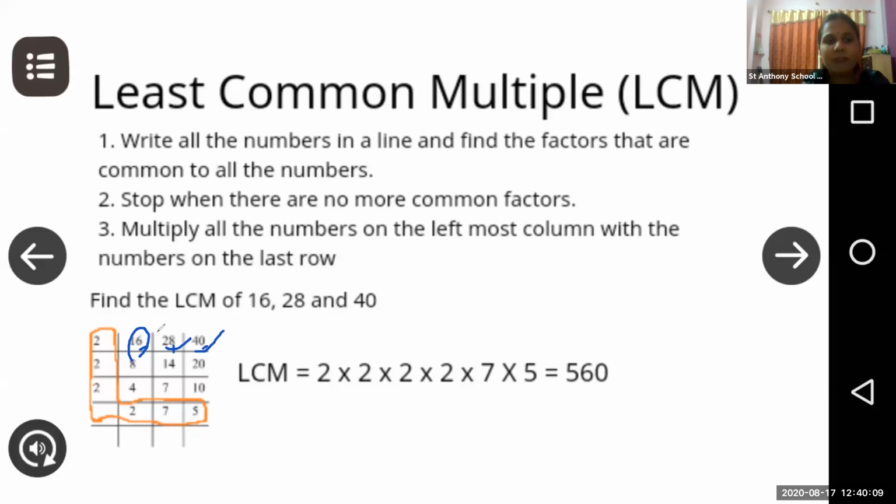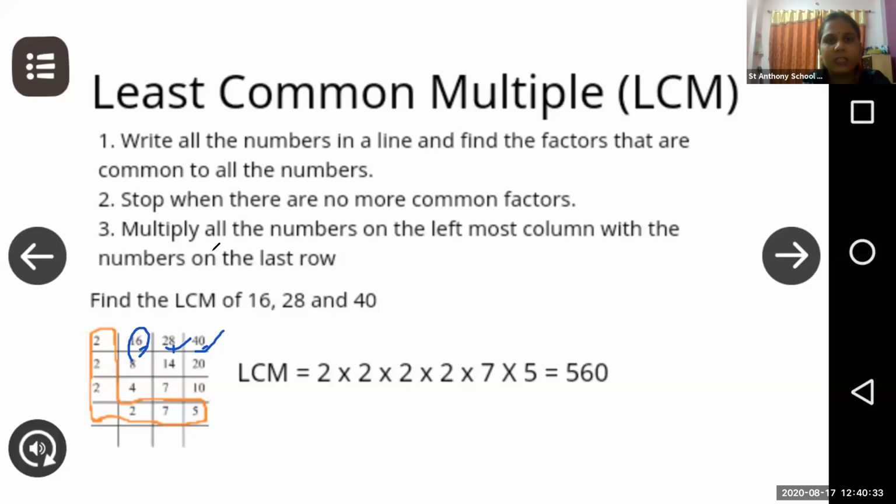Please pay attention, everyone, because all this depends on divisibility.